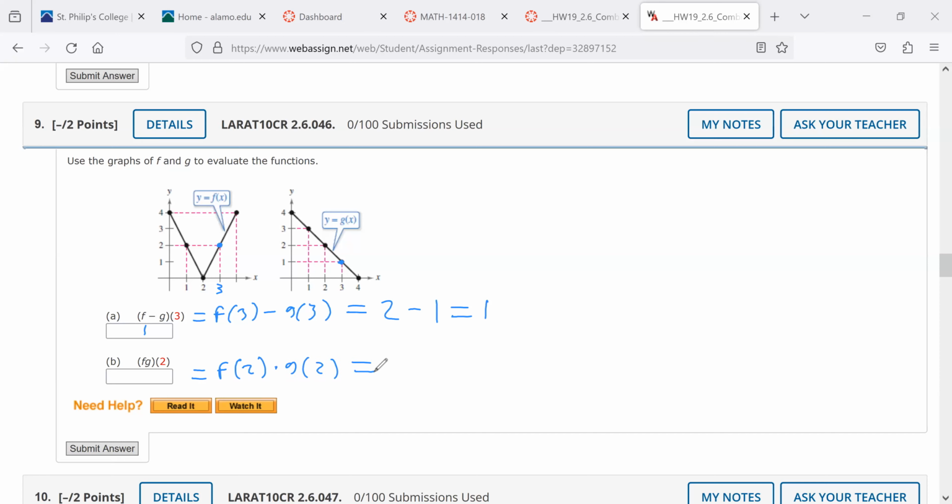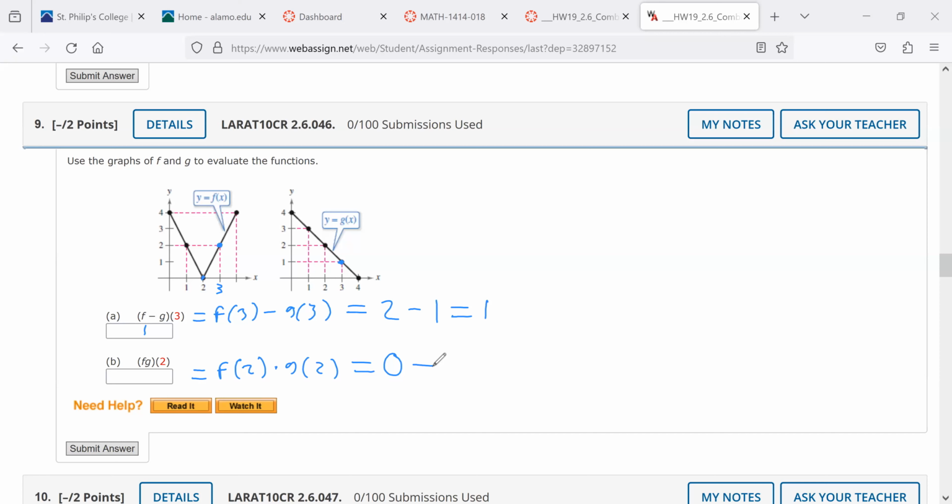What is F of 2? Yeah, the output is 0 for the y.